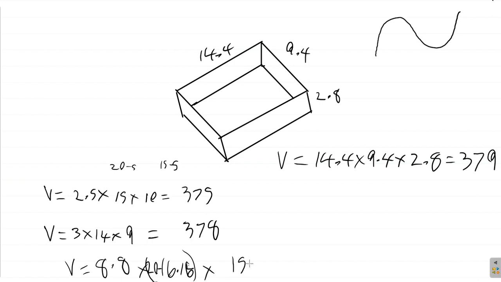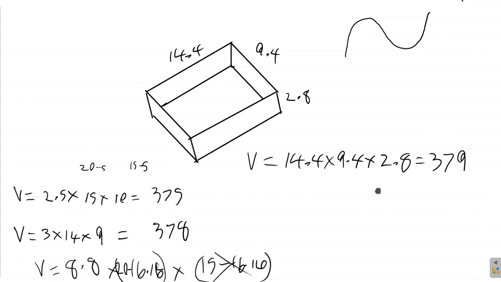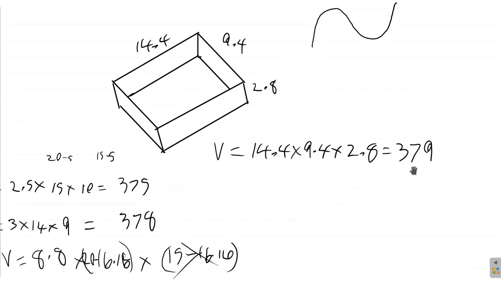If we say 15 minus 16.16, we would get a negative value, so this couldn't work. So here, the maximum volume is indeed 379, and I should put the unit. Oh, it was in meters. So 379 meter cube.